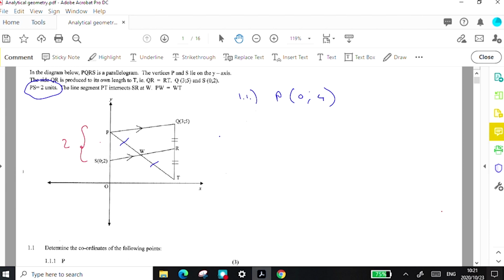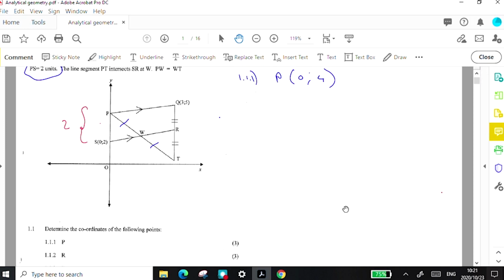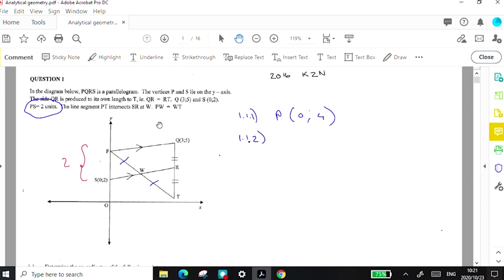This is 1.1.1. Now for 1.1.2, we're looking for R. Now we're given that PQRS is a parallelogram. That implies that PO is parallel to QT.